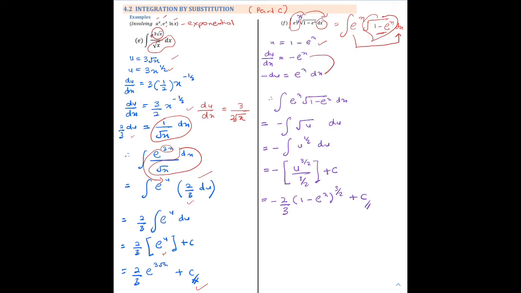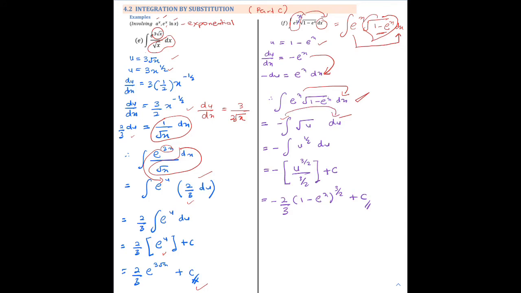From here, we arrange, we get e to the power x dx is equal to negative du. Okay, negative du. This is e to the power x dx.